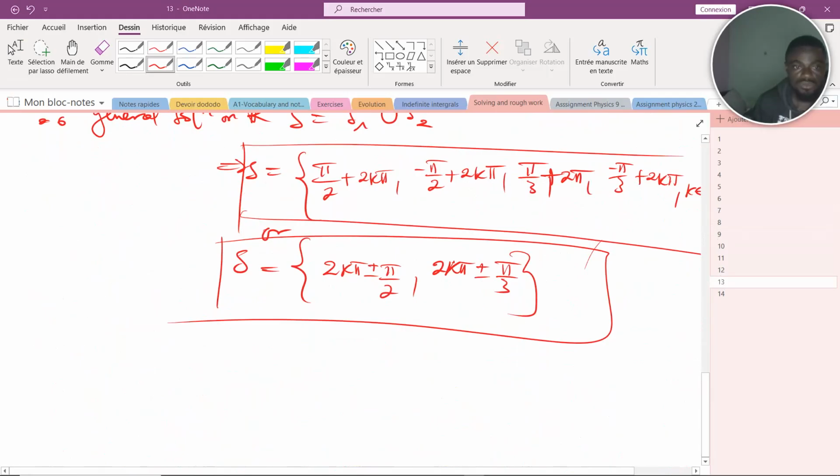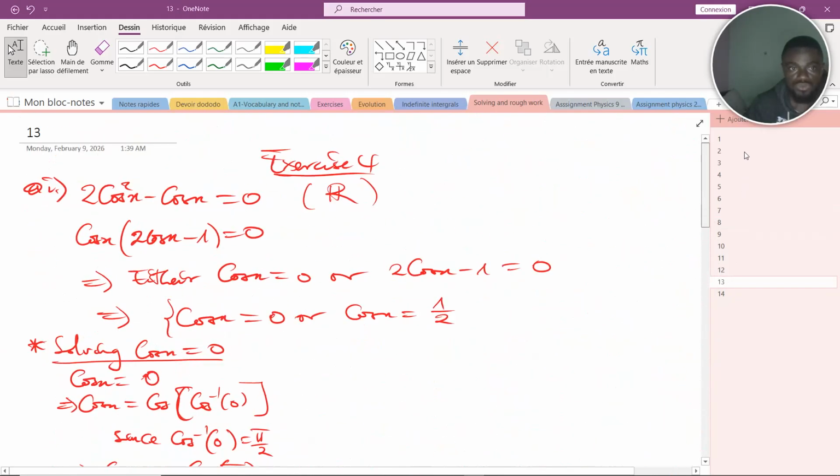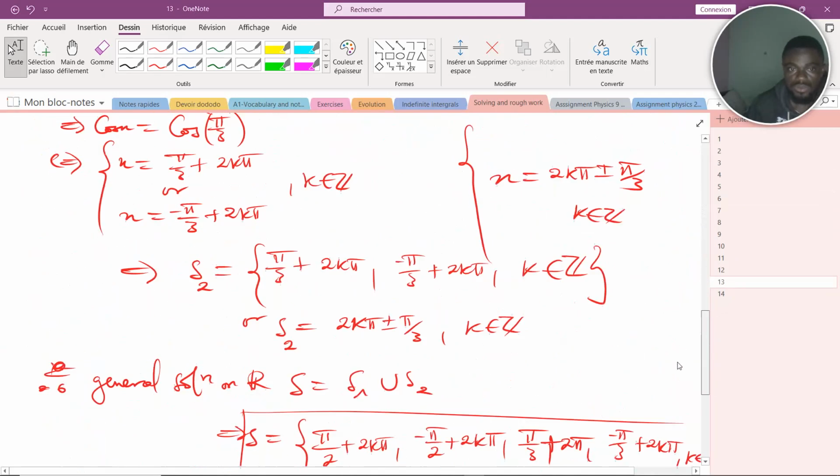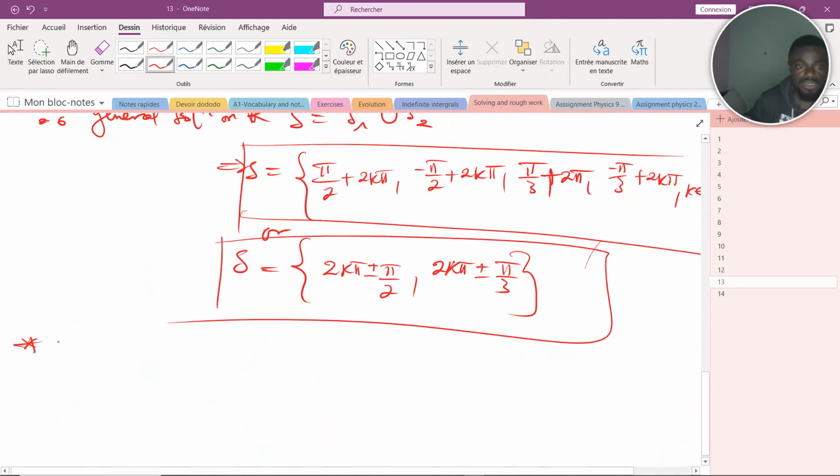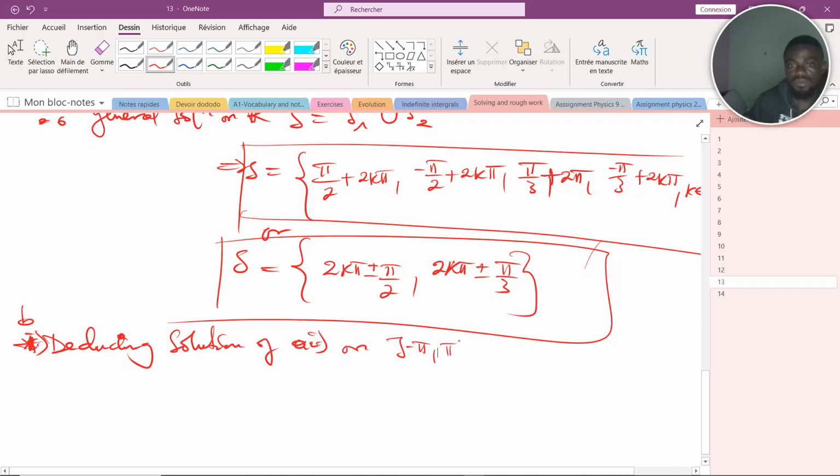So this was question A sub 1. Okay, deducing the solutions of A sub 1 on minus pi pi.